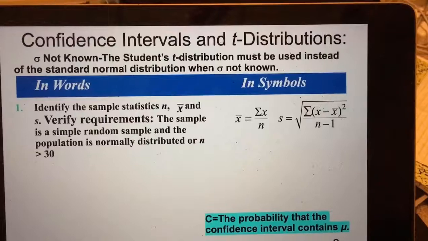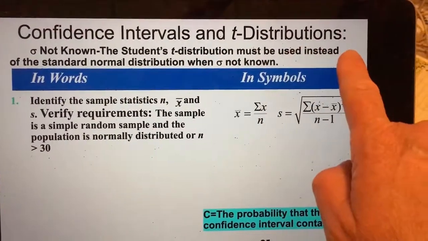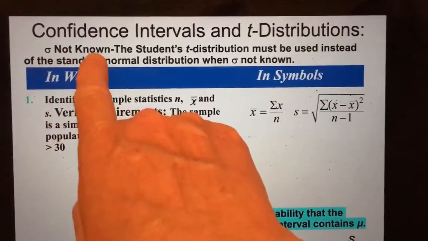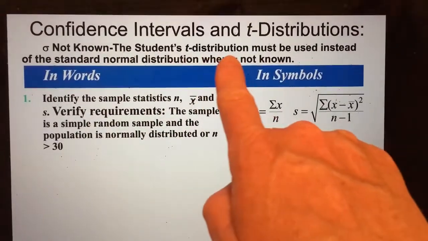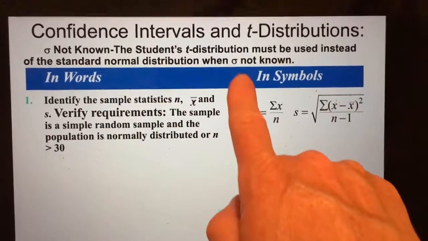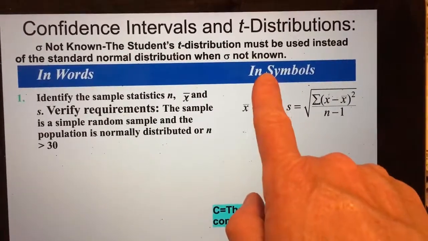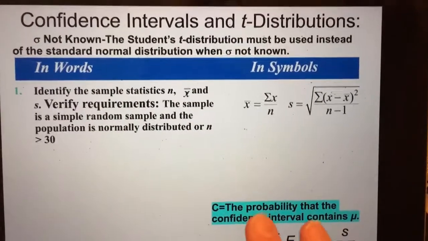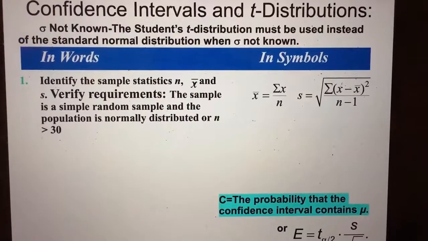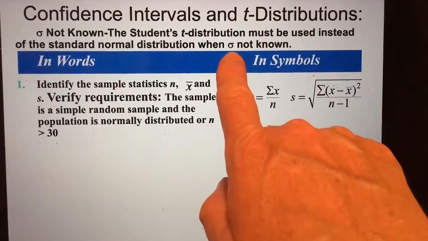All right, so now we're going to talk about a new distribution. We're going to talk about a T-distribution, and we use the T-distribution when our sigma is not known. The student's T-distribution must be used instead of the standard normal distribution when sigma is not known. Your standard deviation of your population is not known, and so we have to use a different distribution. Okay, so this is the one we're going to use the most often because normally our standard deviation of the population is not known.